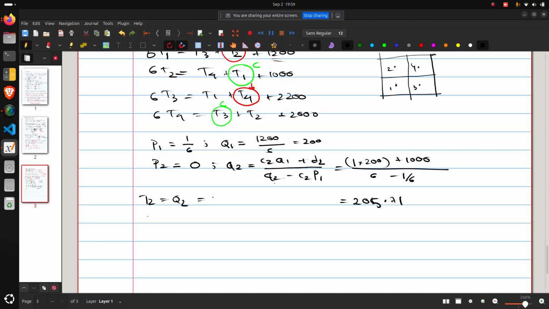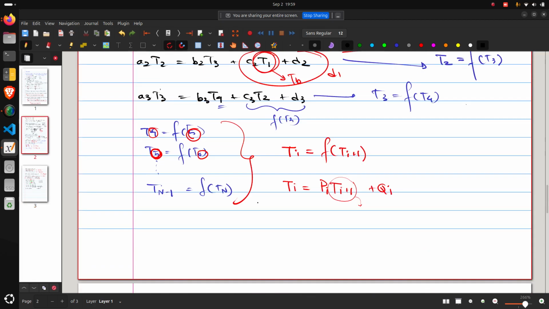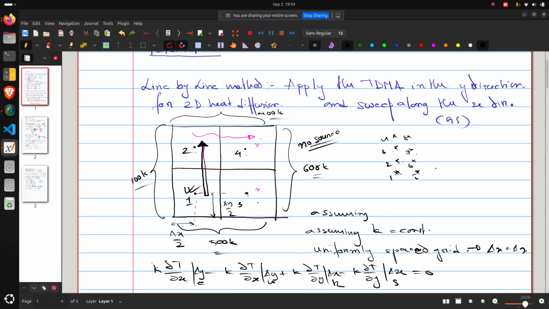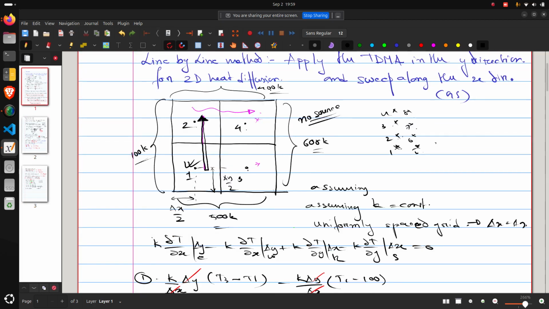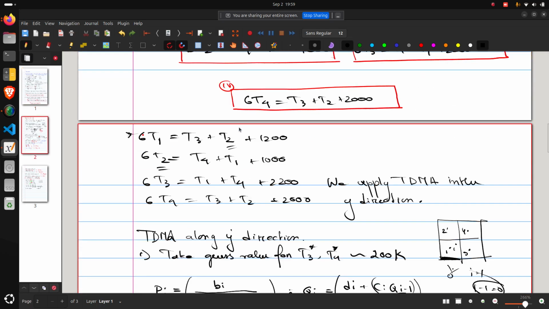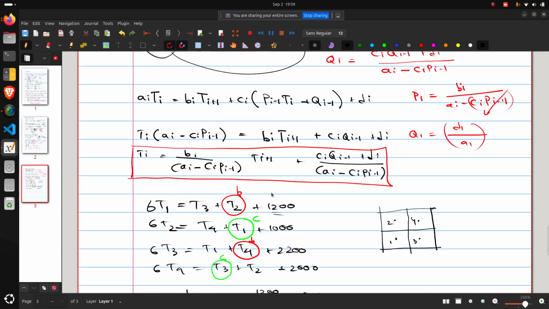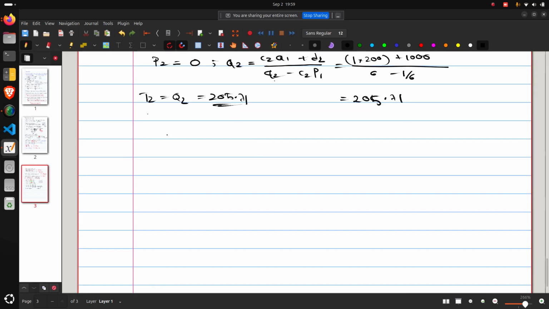So we have T2 value is 205.71. If you see, only in the first, this is 400 Kelvin, this is 100 Kelvin, we have somewhat of a reasonable temperature, right? So 204 is a reasonable temperature. It is bounded, and what about T1?